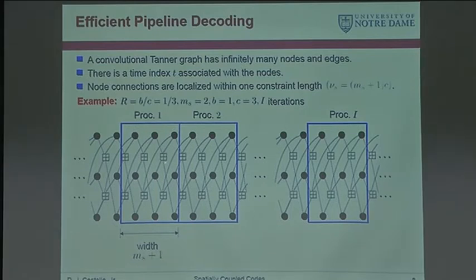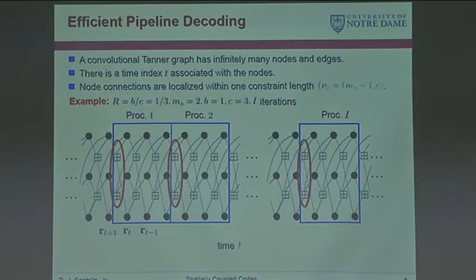Otherwise, while you were doing, say, an iteration here on these bits, you could at the same time be doing an iteration over here on some other bits, okay? Because these are not going to talk to these during the same time with a different processor. So this is a nice architecture if you want to do high-speed parallel processing, decoding of these codes.